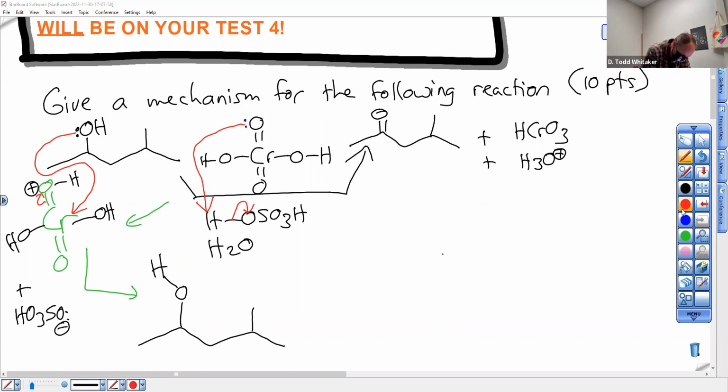You got a bond to chromium here. It has a double bond on the bottom. I don't know why I made all these black. The only thing I wanted black was the new H. So I still have an OH to the left and an OH to the right, and we have a new OH on top. And plus charge.